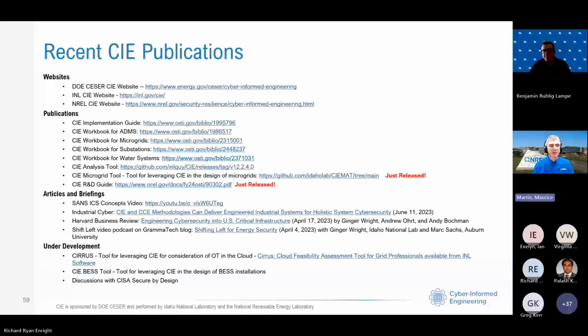So you may want to start with the publication shown here on slide 59 and think in terms of getting started, doing a little reading. One of the really good resources is the implementation guide, the first one under publications. A lot of the others build on that. So I would recommend that as a good starting point.